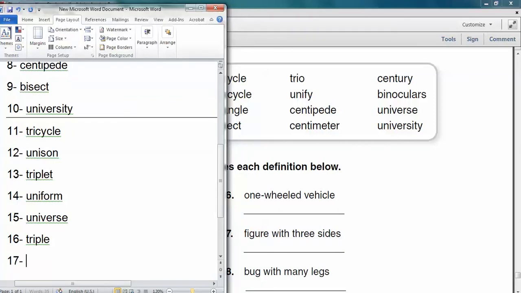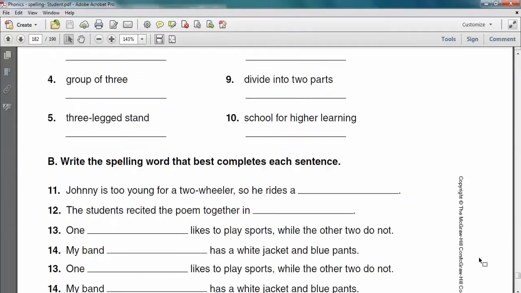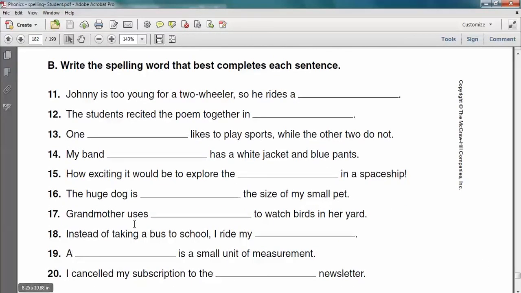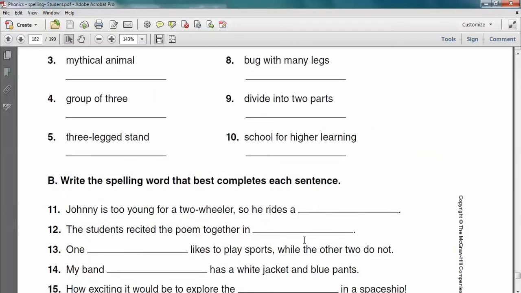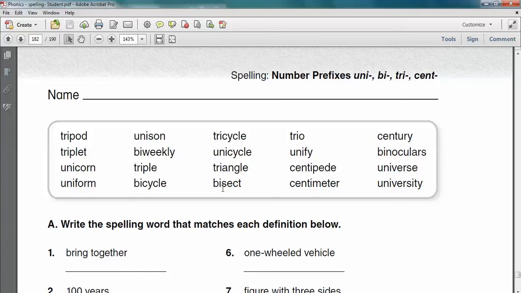Then grandmother uses what to watch birds in her yard? Something that she is using to see the far objects in her yard. Yeah, it is the binoculars. Here, binoculars.